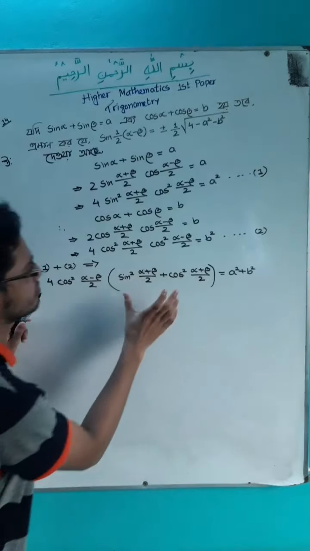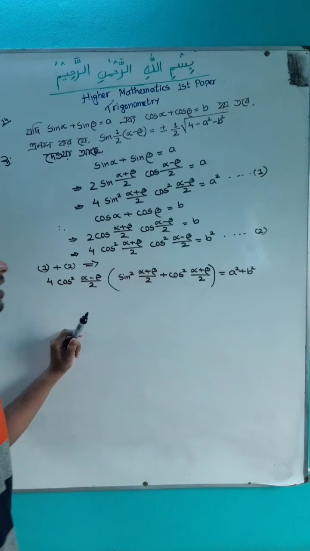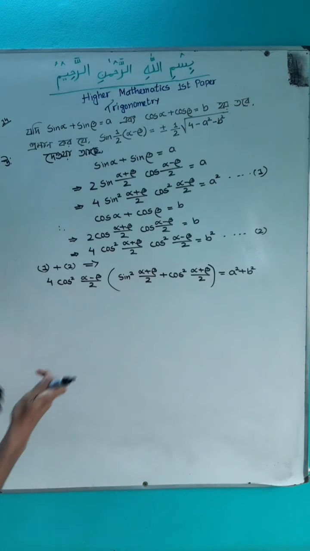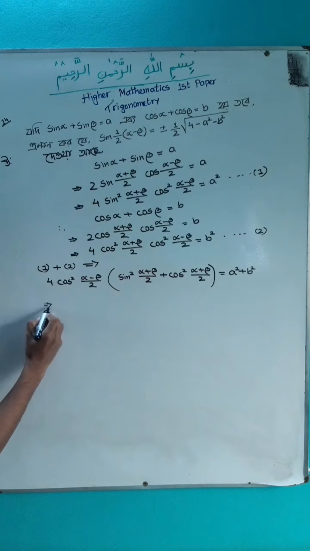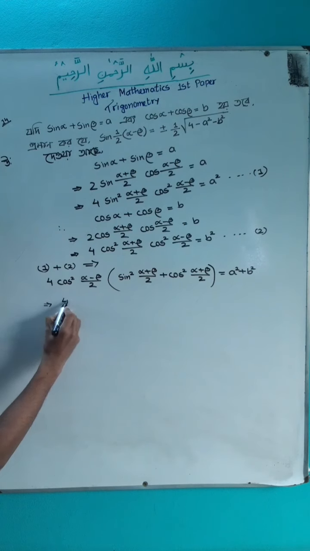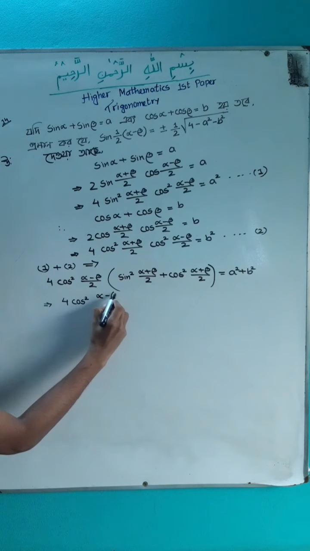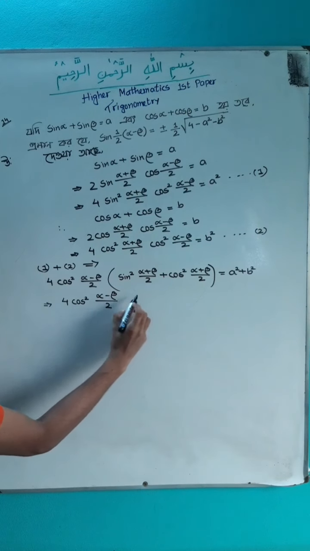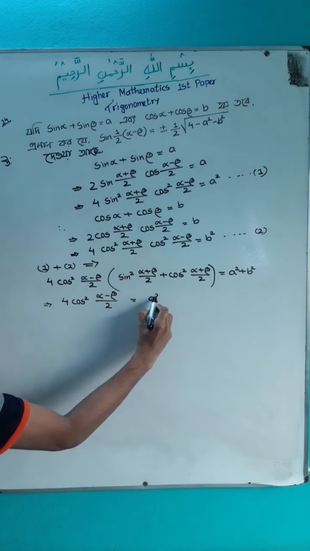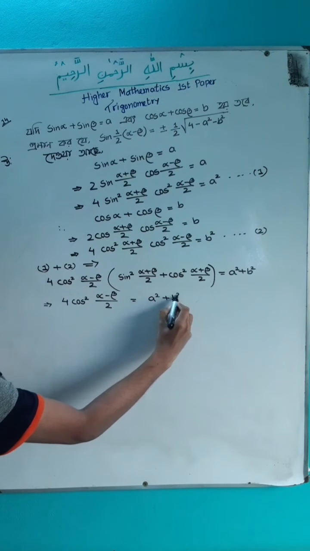This term, sin square theta plus cos square theta, equals 1. So we can write 4 cos square (alpha minus beta) divided by 2 equals A square plus B square.